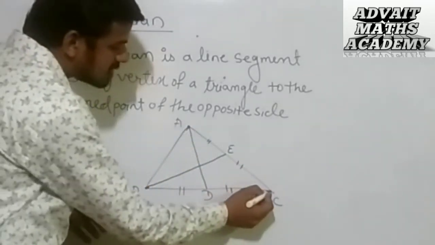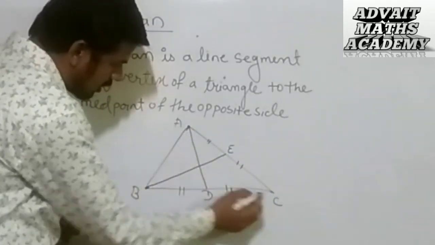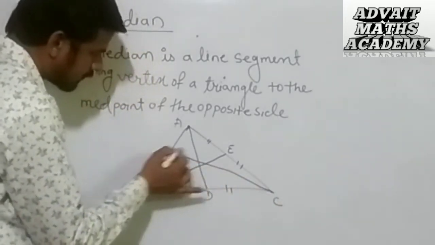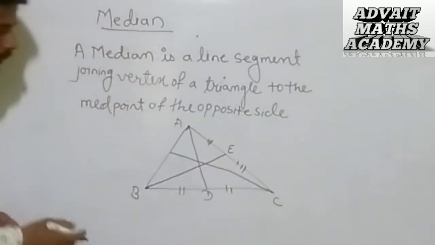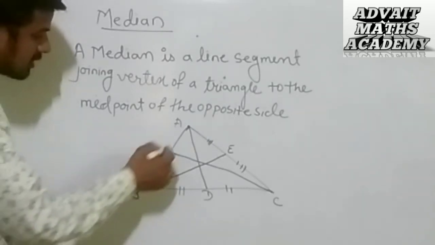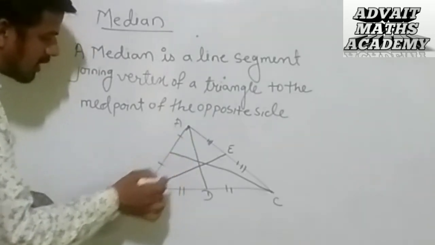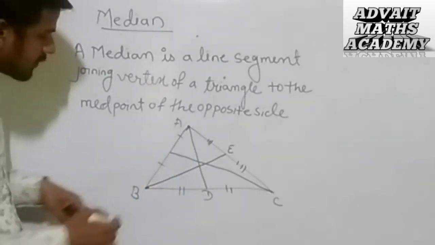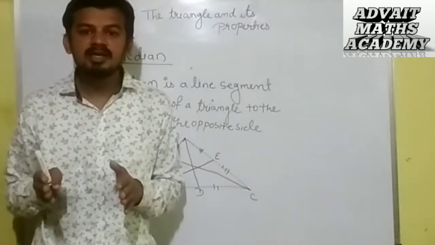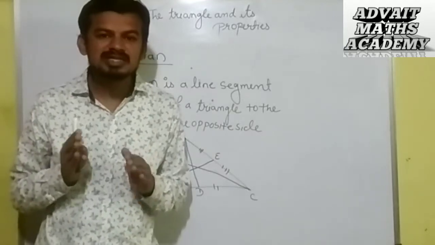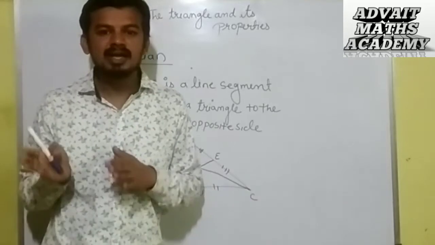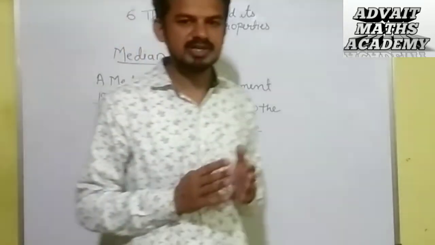Similarly, C is a vertex, joining a line segment to the opposite side of the triangle, and this side is divided into two equal halves. That means CF is also a median. Any line drawn from the vertex to the opposite side that divides the opposite side into two equal halves is known as a median.